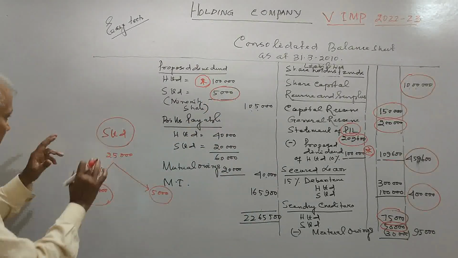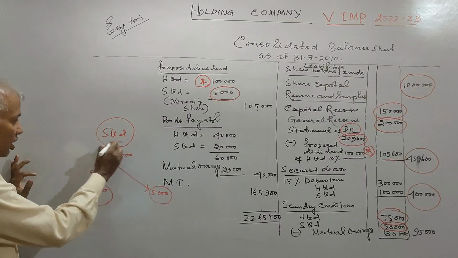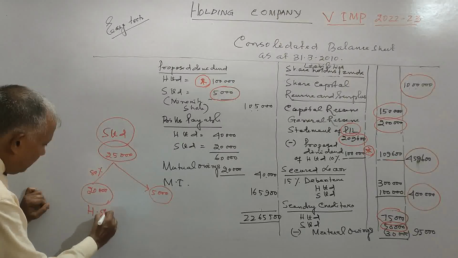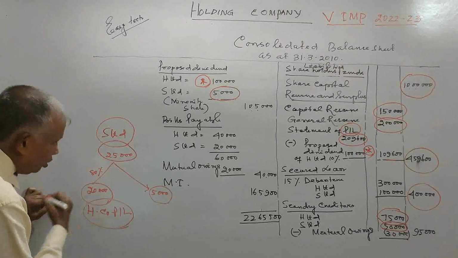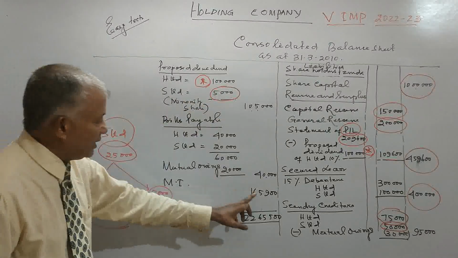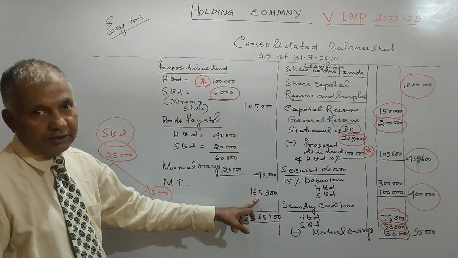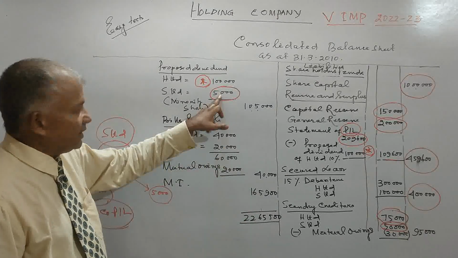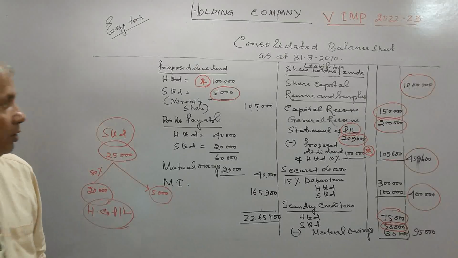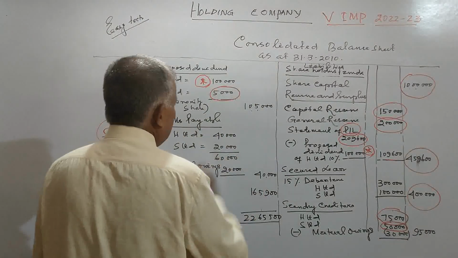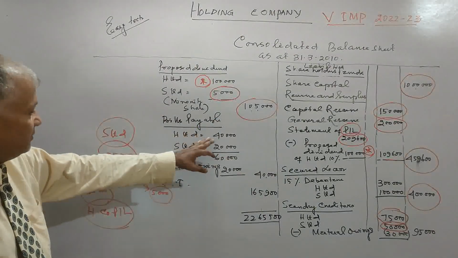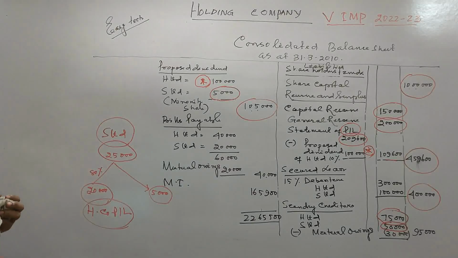So friends, remember that proposed dividend of S Limited is 25,000, 80% will go to holding company PL in statement 4, and the minority we can take here, as you like. Either one, right? So I have taken here 1,05,000.